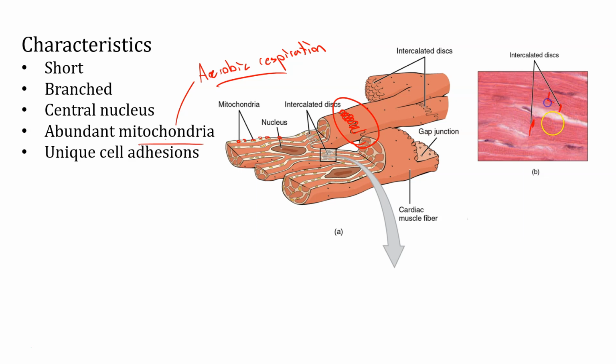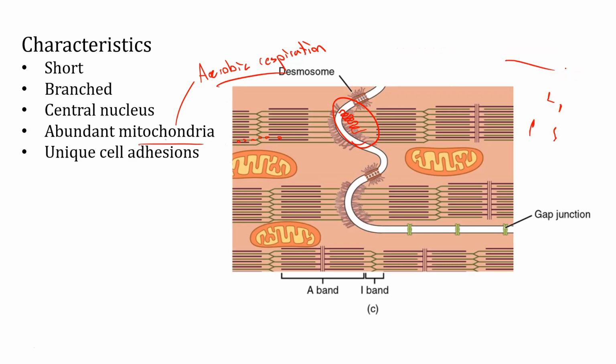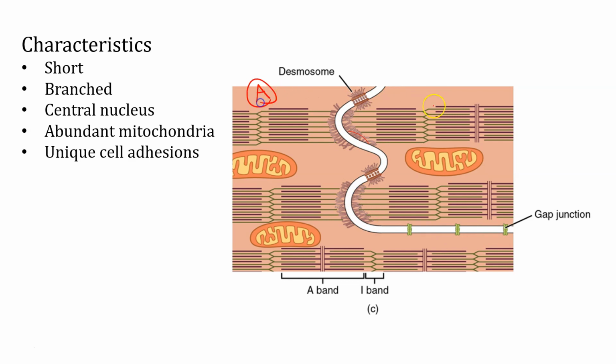that get formed in between the cardiomyocytes, and this isn't really the greatest picture of it, but those are called intercalated discs, and they're a place where the cells are connected to one another. Here's an illustration of an intercalated disc. This would be cardiomyocyte A, and this would be cardiomyocyte B, and this is the gap between them.